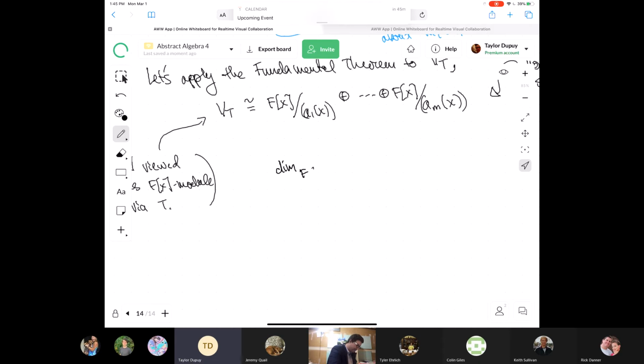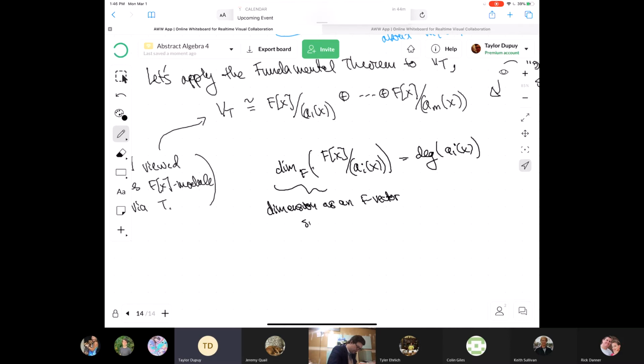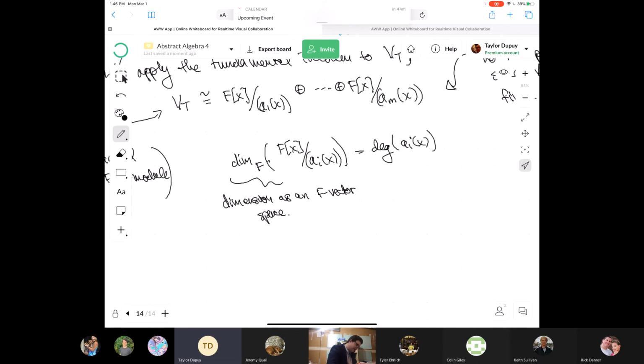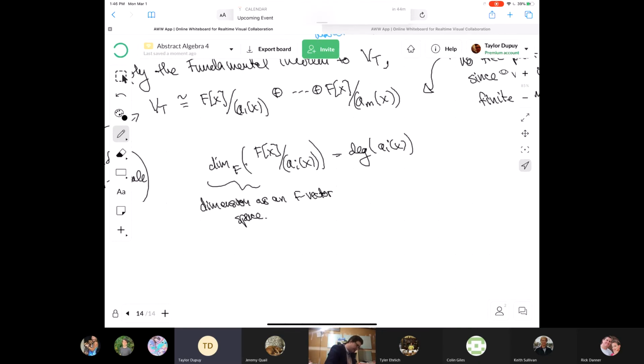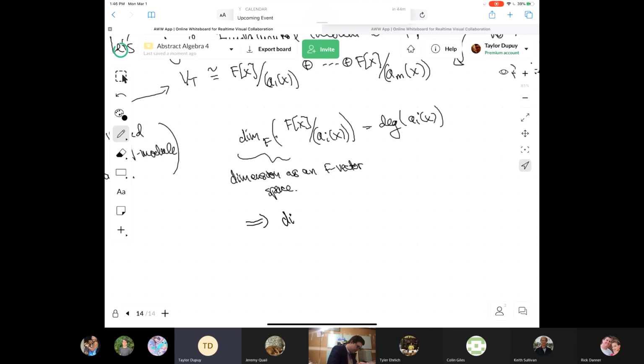In particular, this is the dimension as an F vector space of F[x]/(a_i(x)). This is the degree of a_i(x) as a polynomial. So this tells us that the dimension of V is just the sum of the degrees.